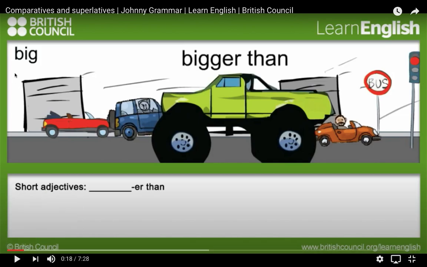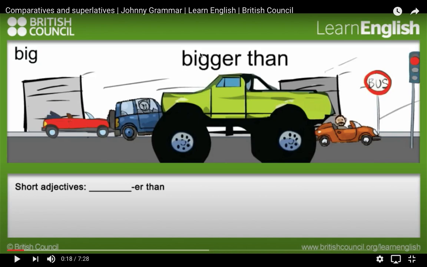Big is an adjective. An adjective is a word to describe something, a person or a thing. So, the green car is bigger than the blue car. The blue car is big, but the green car is bigger than the blue car. So the comparative form here is bigger than.